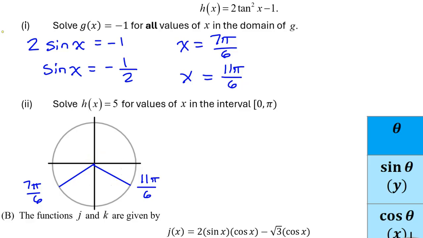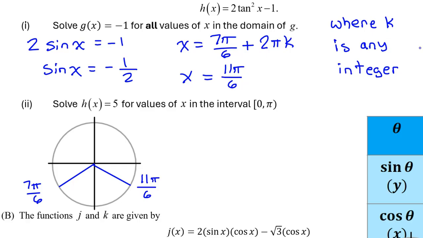In other words, we can turn this one solution into infinitely many by adding multiples of 2 pi, by adding 2 pi k, where k is any integer. Be sure to write this phrase down as part of your answer. Similarly, we can take the solution of 11 pi over 6 and turn it into infinitely many solutions by adding 2 pi k, where k is any integer.